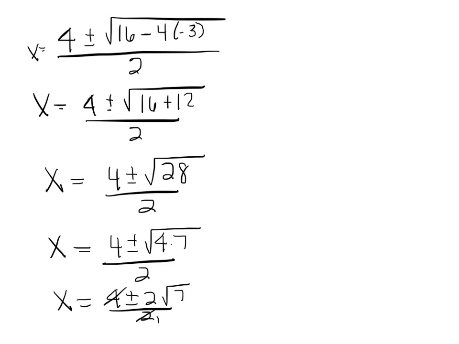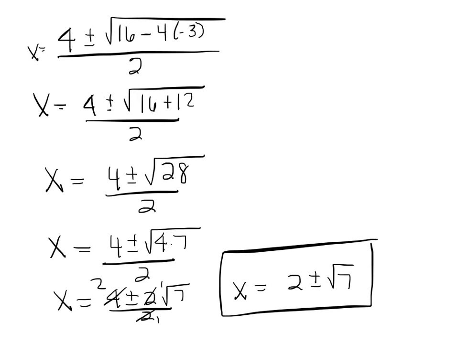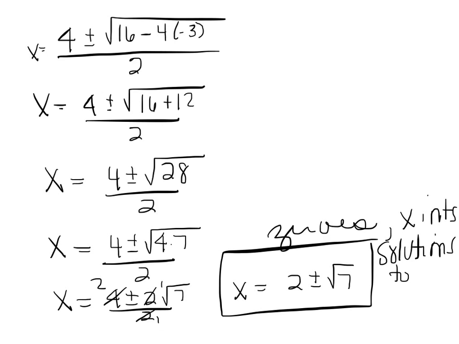That leaves the 1, that leaves the 2, that leaves a 1. So I'm left with x equal 2 plus or minus the square root of 7 over 1 isn't necessary. Those are my zeros of the function. Another word would be x-intercepts. They would be the solutions to y equals 0 and all that good stuff.